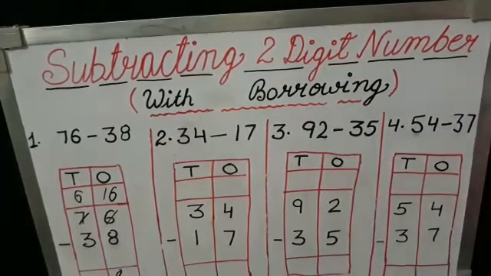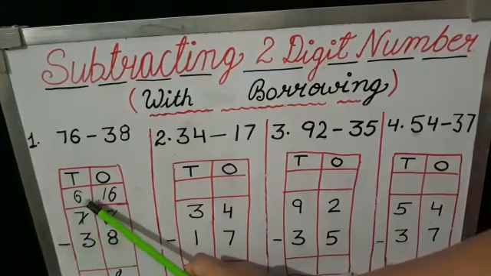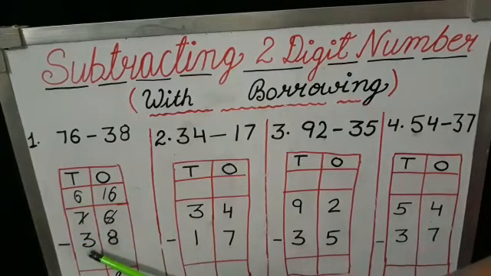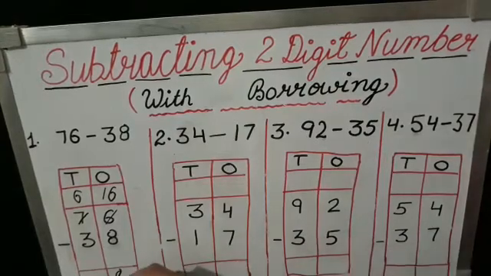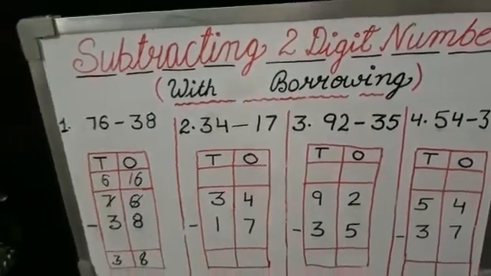Now our tens digit. Here is 6. 6 in mind and 3 on fingers. Backward counting, 3 steps will come down. So comes 5, 4 and 3. Here comes 3. So the difference is 38.